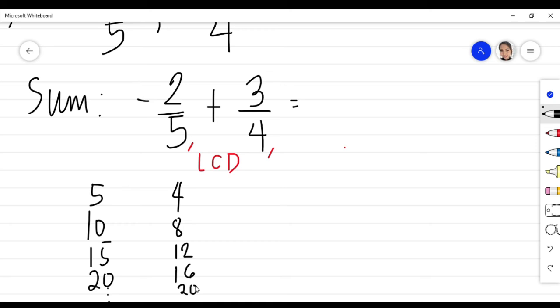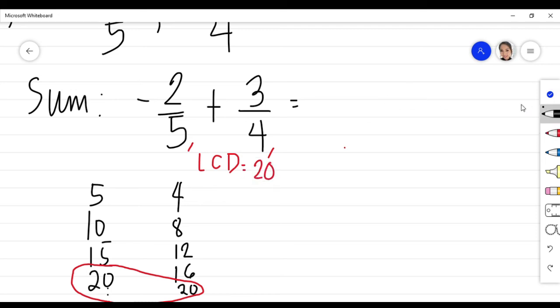Now we stop, because we have found the least common multiple of 5 and 4, and this will be our LCD. So our LCD is 20.